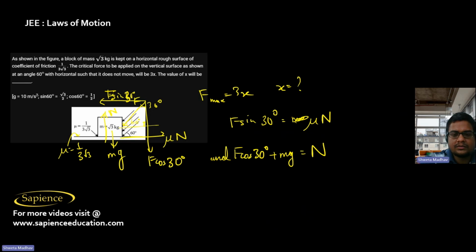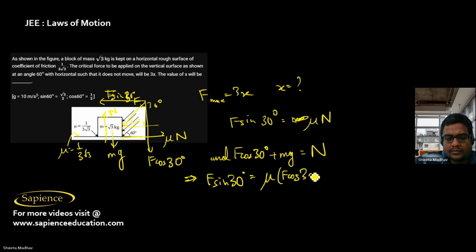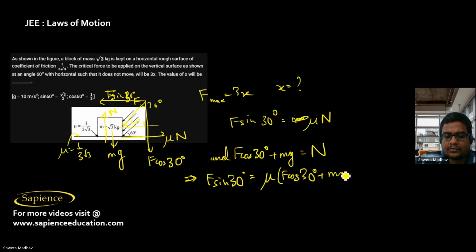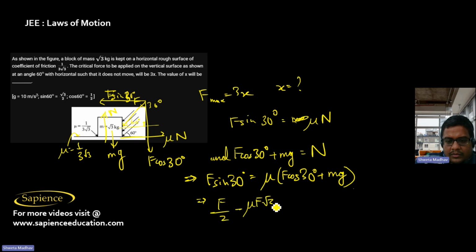Now mass is root 3. So therefore I can say F sine 30 is equal to mu into F cos 30 plus mg. Yeah, so n is F cos 30 plus mg. So then from here we can say that F sine 30, that is F by 2, minus mu F root 3 by 2, is equal to mu mg.